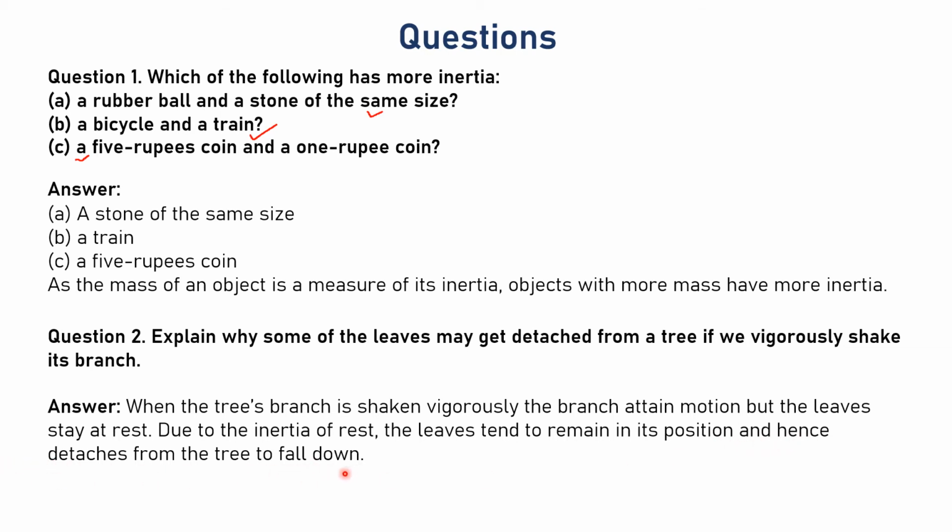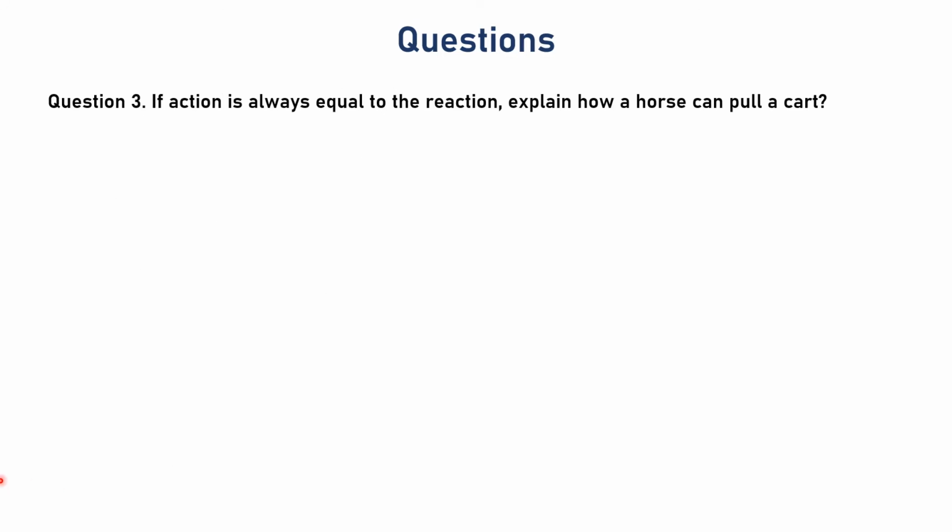Next: if action is always equal to the reaction, explain how a horse can pull a cart. When the horse is pulling a cart, definitely the horse is exerting force on the ground, right? I won't draw the horse, but I'll just draw the legs. The horse is exerting force on the ground.